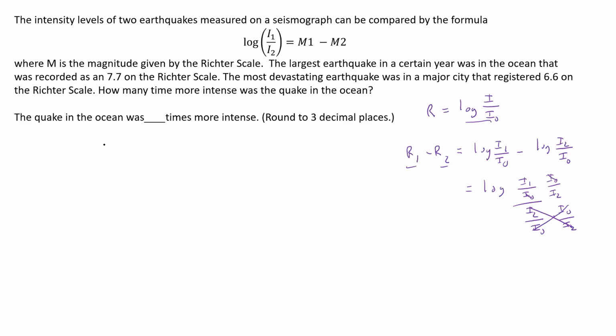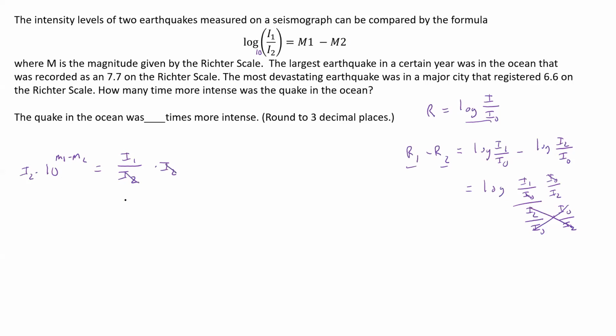So what do we do to solve this one? Well, remember, it's log base 10, so we can take 10 to that power. So 10 to the M1 minus M2 is equal to I1 over I2. Now we want to know how many times larger I1 is, so we multiply both sides by I2.